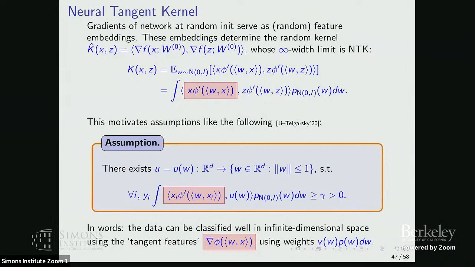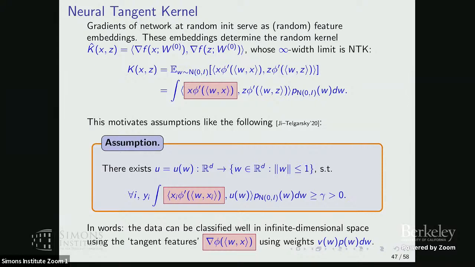The idea of the NTK is that we have these random features that come from taking the gradient of the network at initialization. These random features can be thought of as feature embeddings that can be used to define a kernel, this empirical NTK, the k hat, such that when we take the infinite width limit, we're left with some deterministic quantity, which is the actual NTK.